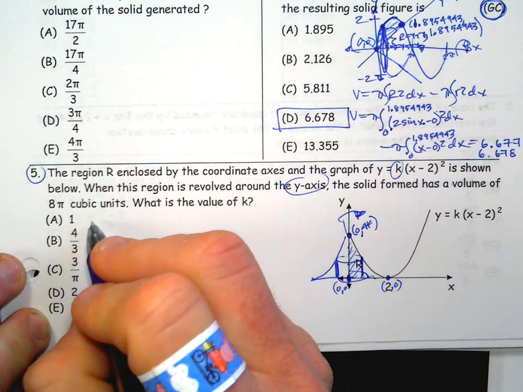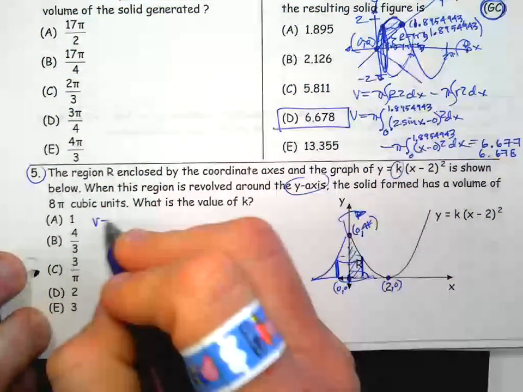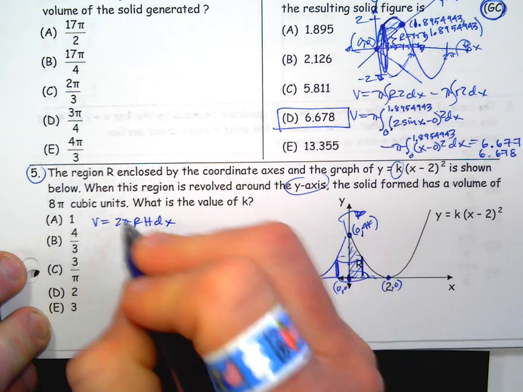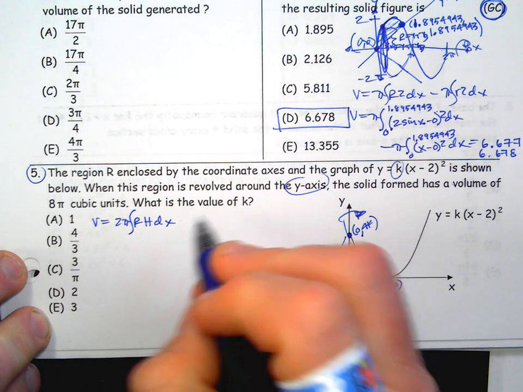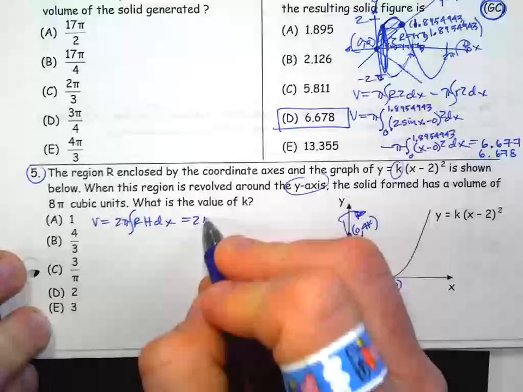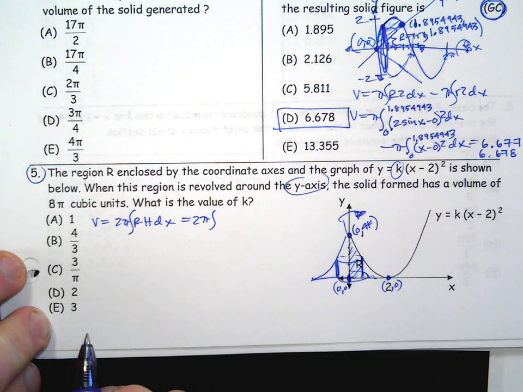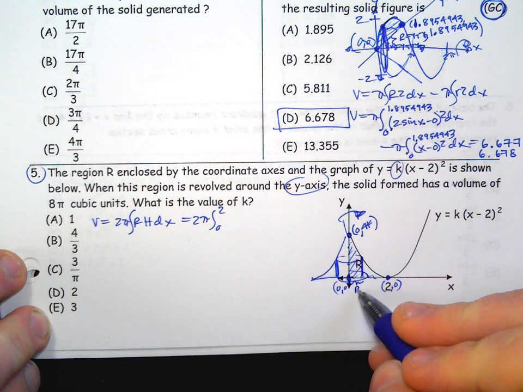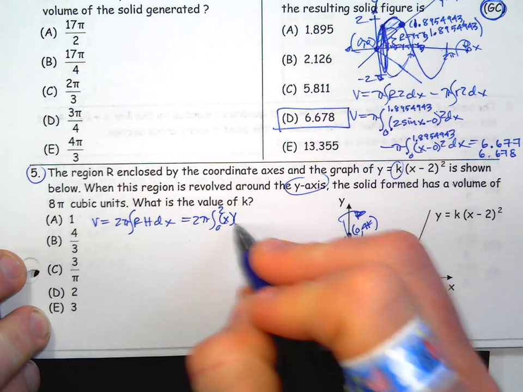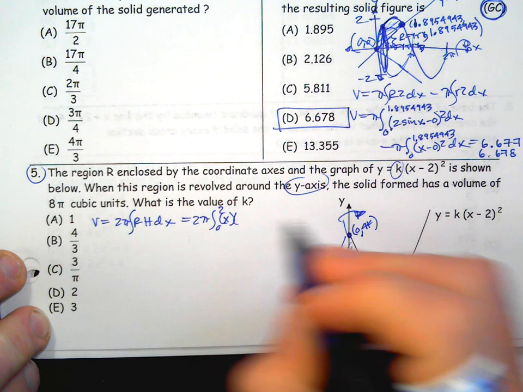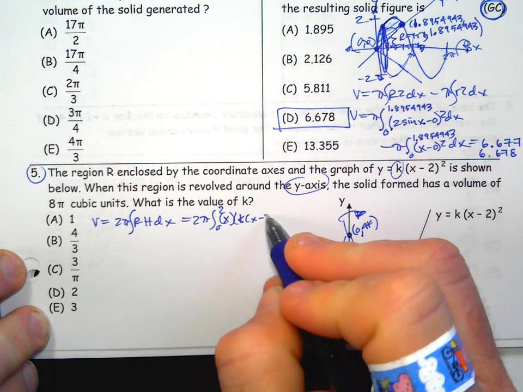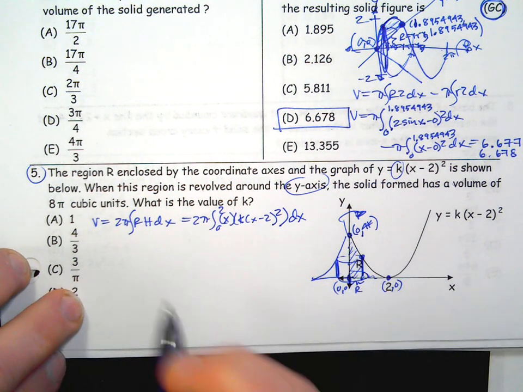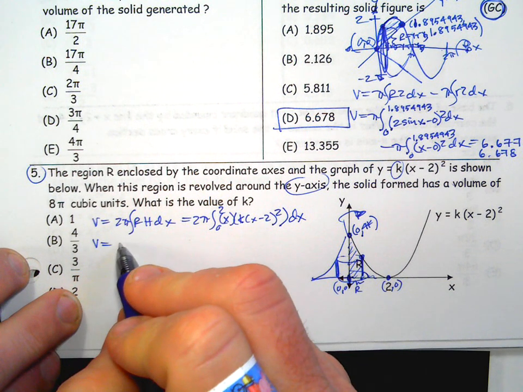So the volume equals 2 pi r h dx, and our limits would be in the x direction, 0 to 2. The radius would be whatever x value we're at. The height would be the height of that curve, k times (x minus 2) squared, dx. And then we would want to integrate that.